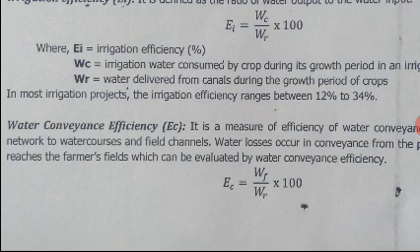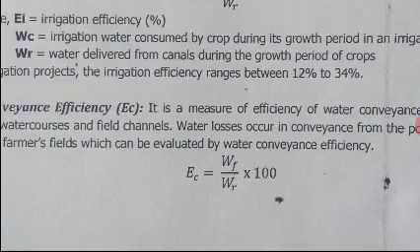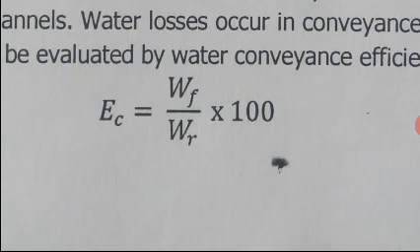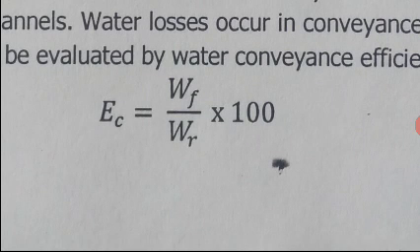Next is water conveyance efficiency EC. It is a measure of efficiency of water conveyance system from canal network to water courses and feed channels.